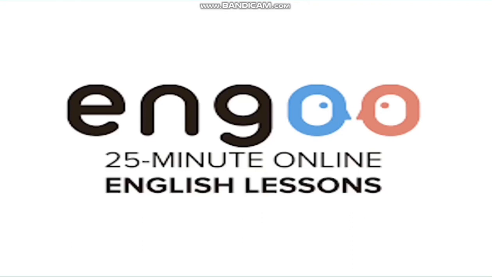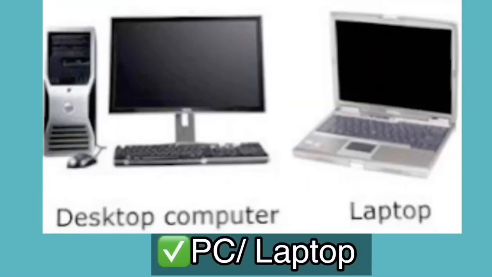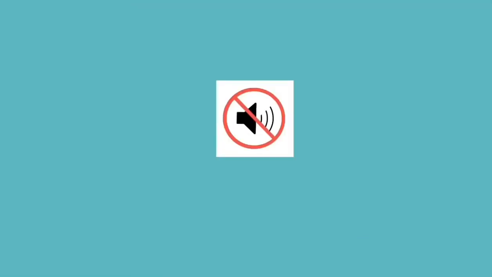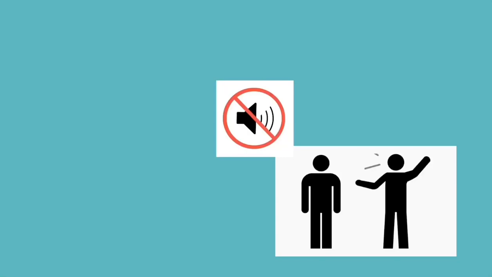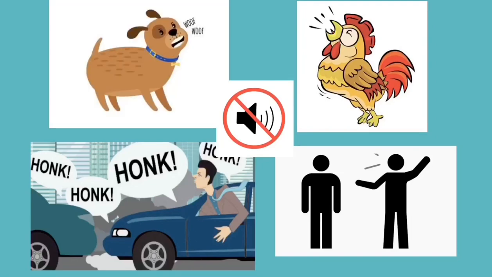Before anything else, if you are planning to be an online English teacher here at Engoo, you need to pass the technical requirements. First, you need to have a PC or a laptop. Second, you need to have a good headset, preferably with noise cancelling feature, because we cannot deny the fact that in our environment, there are lots of unwanted noises, just like the roosters crowing, the noises of the vehicles outside, and whatnot.